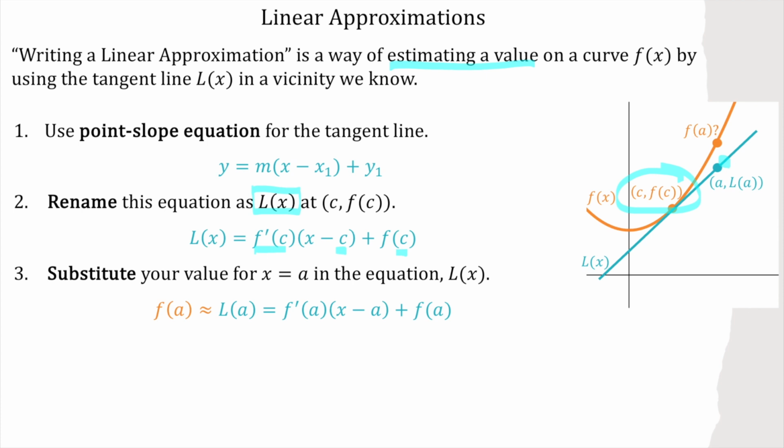So look, I have my approximation. f of a is approximately equal to L of a, which equals this line. Now that f of a is approximately equal to L of a, that's important to write down just to communicate to your reader that, hey, this is not exact, this is an approximation.